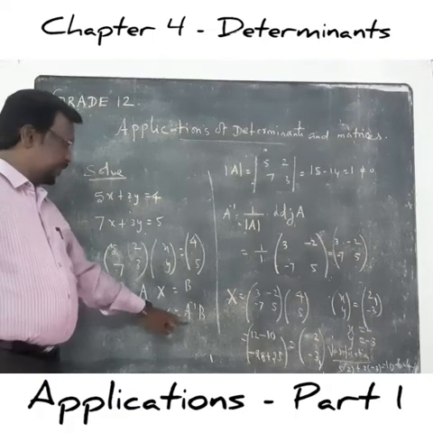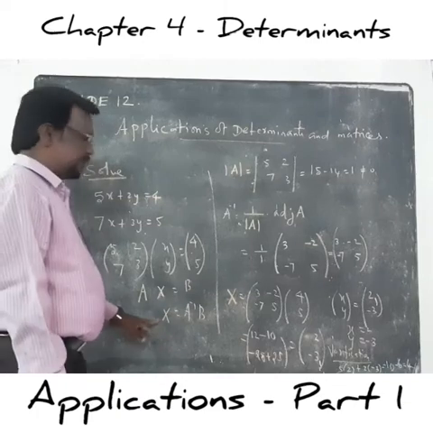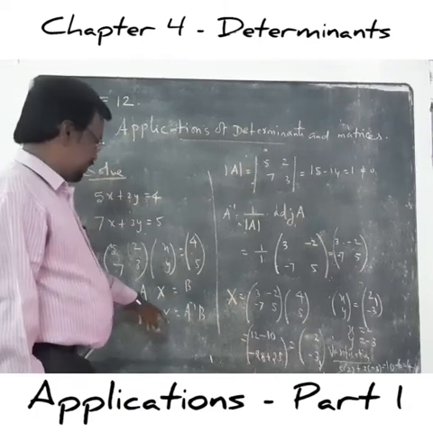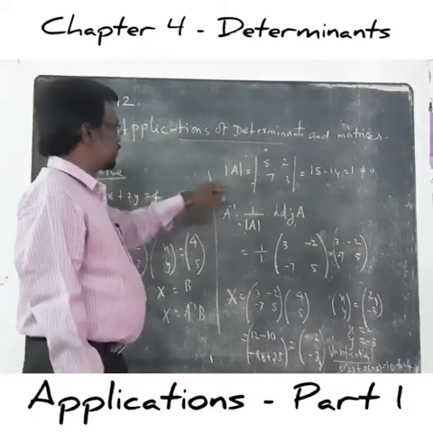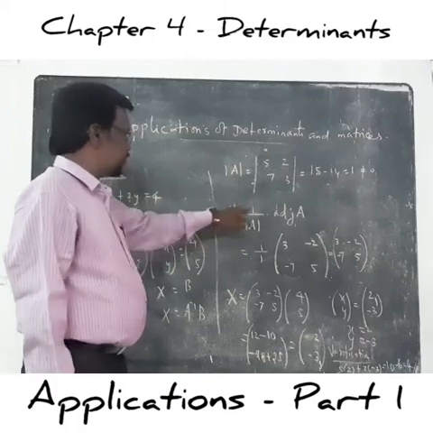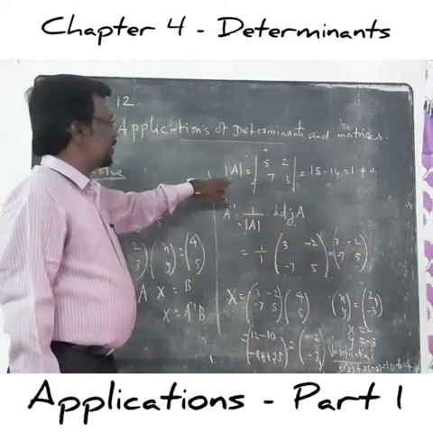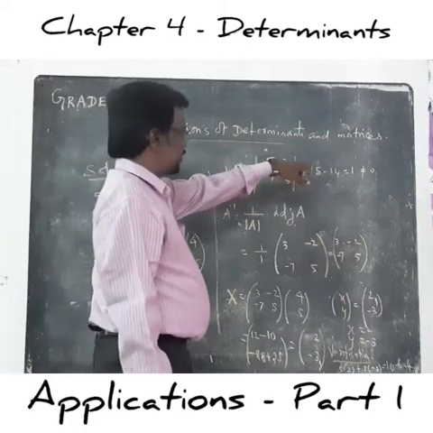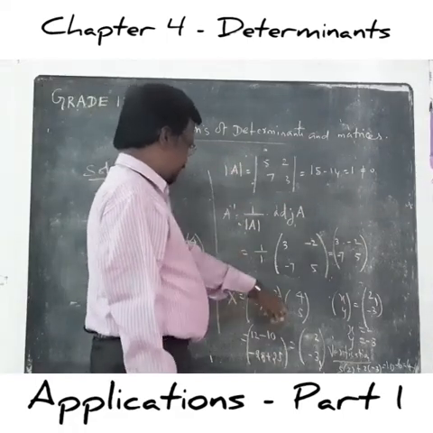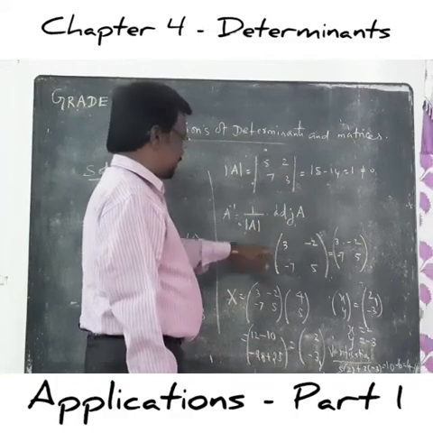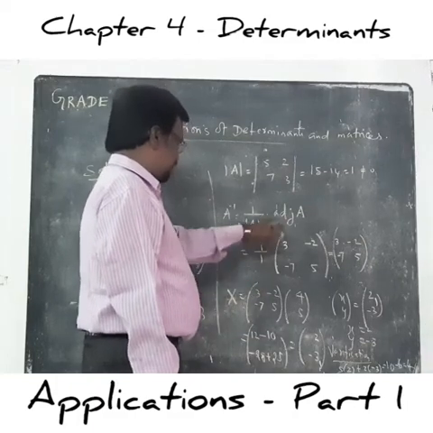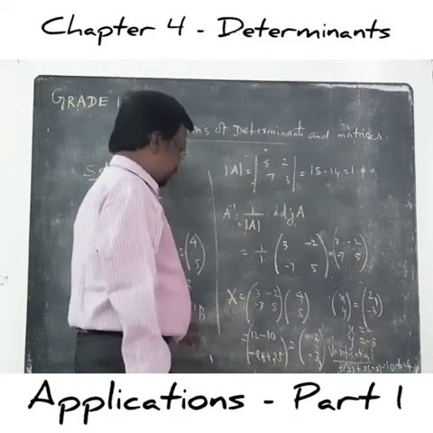Then X is equal to A inverse into B, where X is the unknown variable matrix. A inverse is nothing but 1 by determinant of A into adj A. So first you should find the determinant of A, which is not equal to 0, that is 1. Then we can find adj A using the method we discussed, and using that adjoint A, X is equal to A inverse into B.